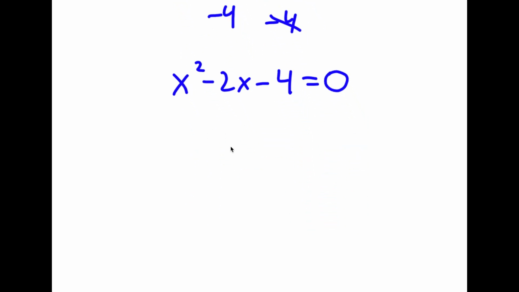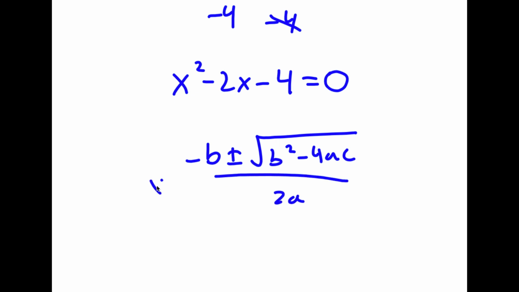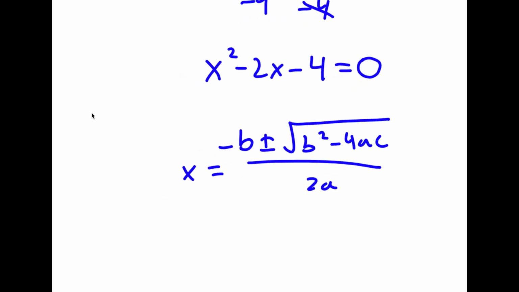Now to solve this, I'm going to use the quadratic formula, which is negative b plus or minus the square root of b squared minus 4ac all over 2a. So in this case, a is 1, b is negative 2, and c is negative 4.